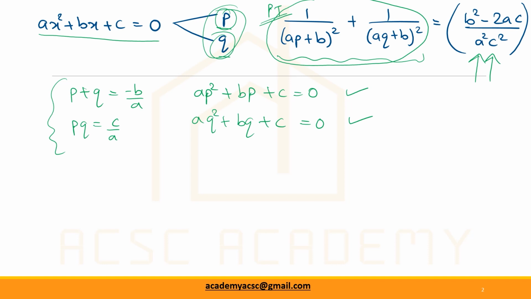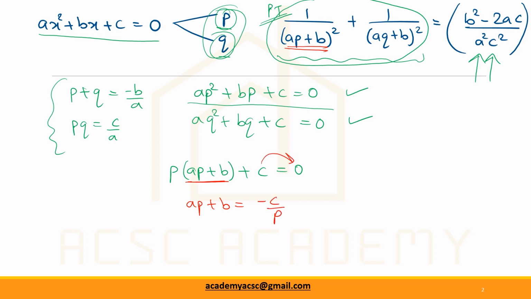Now if I look at it a bit further, from this first equation, if I take out P as common, then I will get P(aP plus b) plus c equal to 0. So this is where I got aP plus b. From this equation, I can extract the value of aP plus b as minus c by P. We'll shift this to that side and then P will go in the denominator. So we get minus c by P.